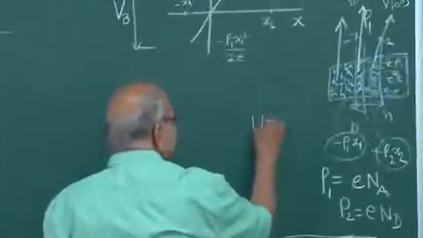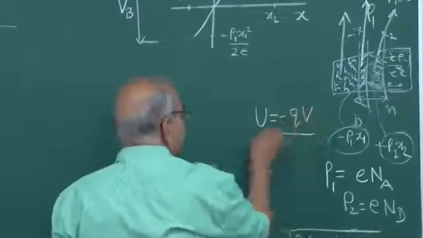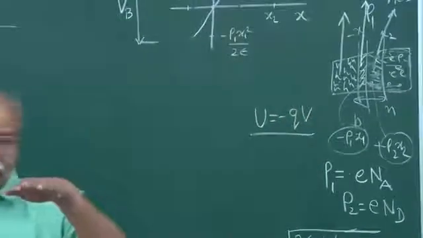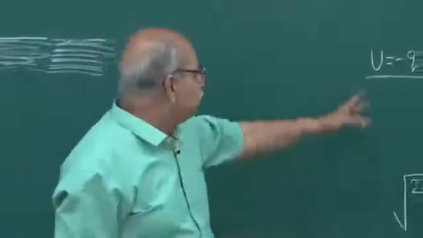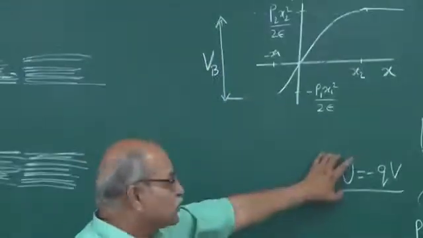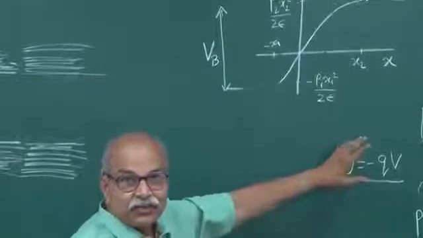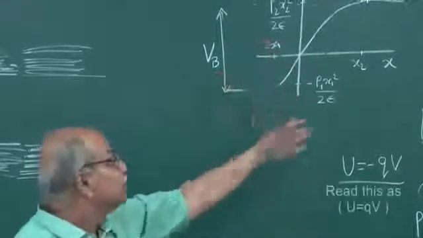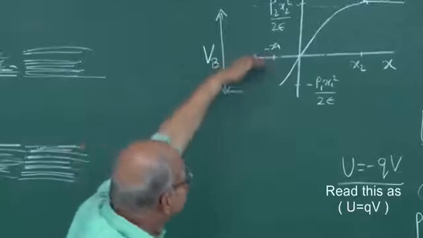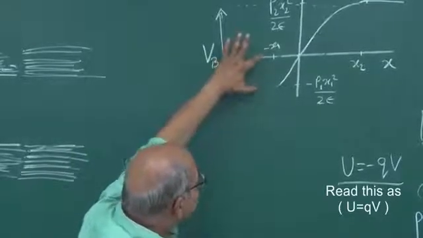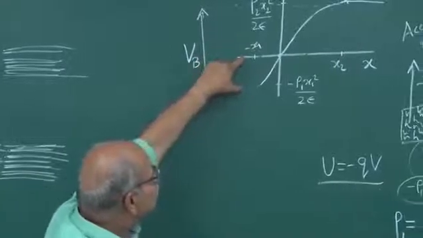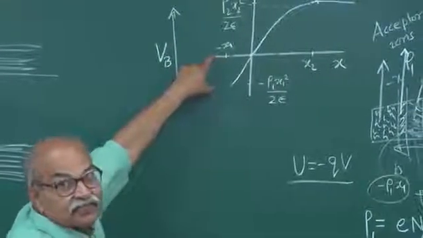Energy is Q times V. So if you have an energy level somewhere and then this extra energy is imposed, that much shift will be there. So since the potential here has gone down, the energy will go up, each energy level will go up by Q times this amount.